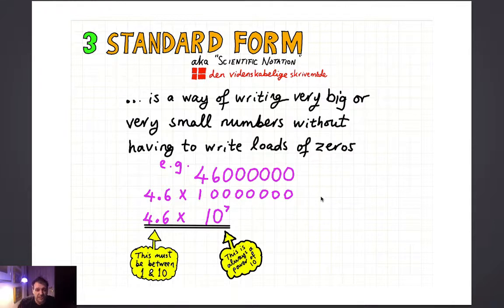So I can see that it's 4 and a bit times as big. So I can see that it's correct that 46 million is the same as 4.6 times 10 million.